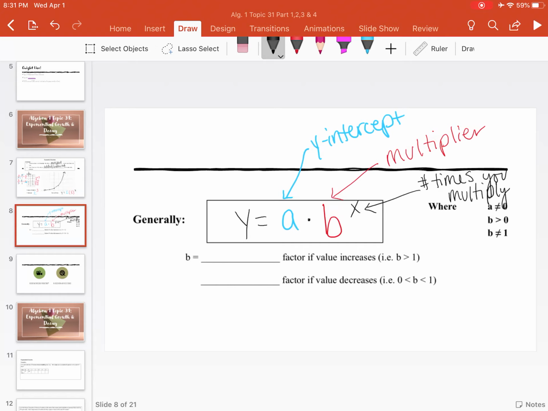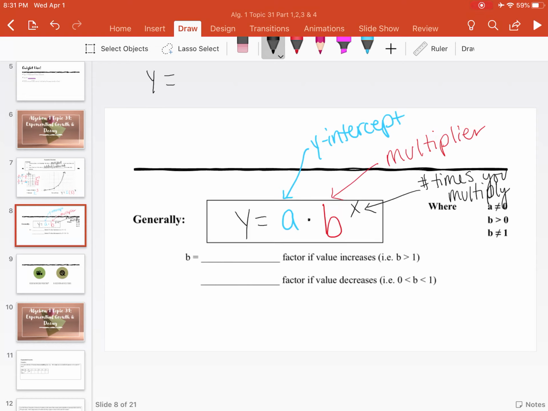B also has to be greater than 0, so B has to be positive. We don't deal with any negative multipliers with exponential functions. B also cannot equal 1, because if we think about plugging 1 in for B, well, let's do an example.